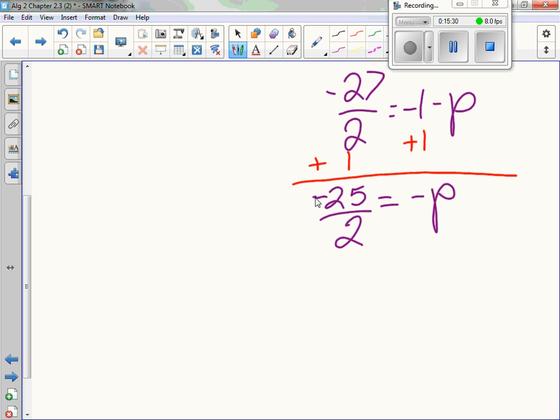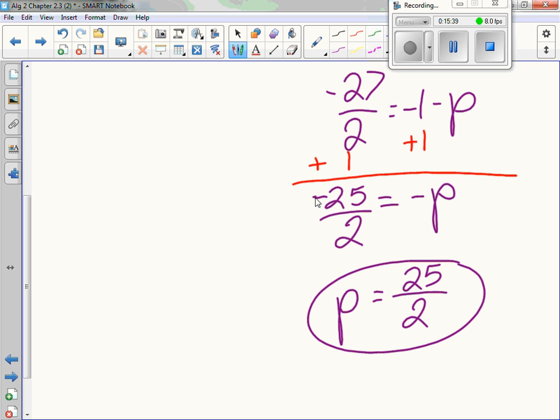Divide or multiply by negative 1, which will just give us what? P is equal to 25 over 2. Because when we multiply by negative 1, well, multiplying anything by 1 doesn't change it, does it? No. All we're doing is changing the signs.